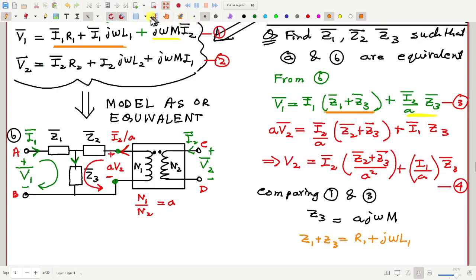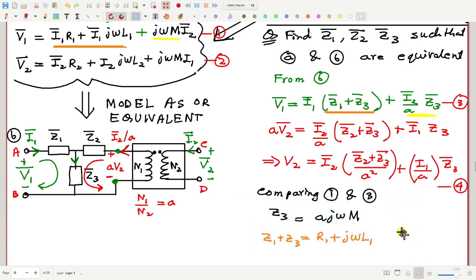So from here we get the value of Z1 equal to R1 plus j omega L1 minus Z3. I need a bit more space.